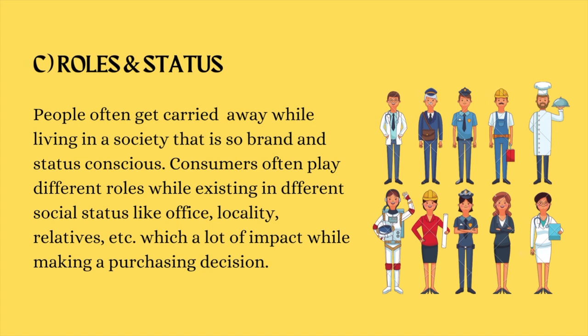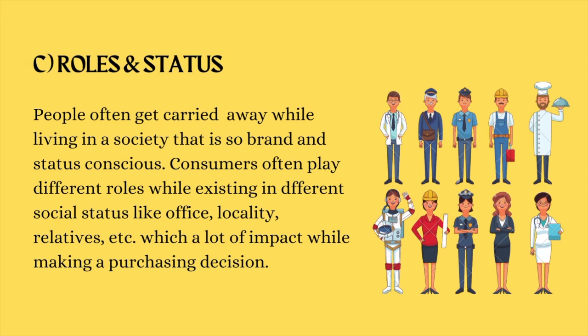We do a lot of things just to be a part of a peer group, right? We just wanted to be with the lookalike, or be with the office goers, and we wanted to maintain the lifestyle, or maybe we wanted to maintain a lifestyle with our relatives in case we are going to attend a wedding, right? So that way they also make a lot of influence onto our buying behavior.